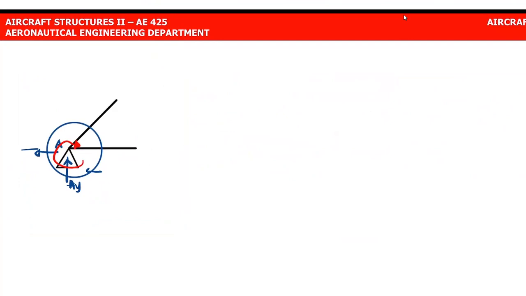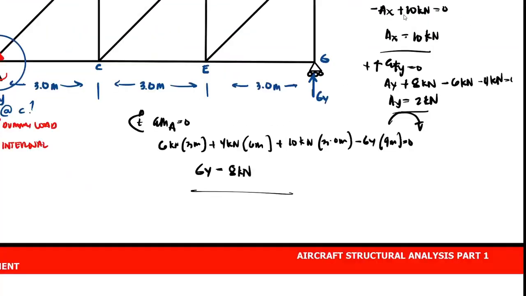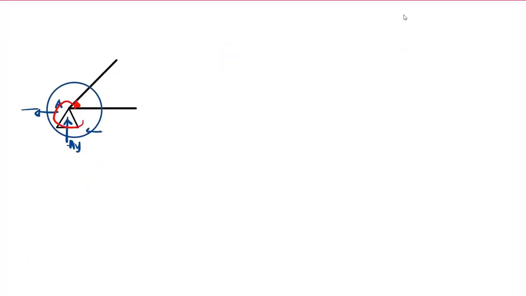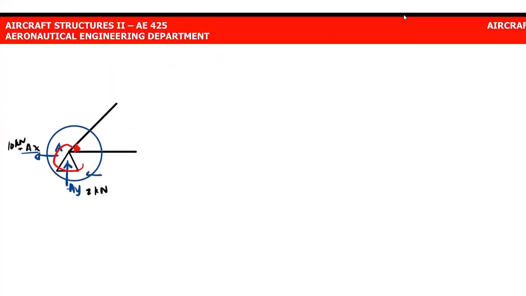So yung bali ng ating AY is 2 kilonewton. Ating AX is 10 kilonewton. Okay. So dito, meron tayong member AB or element AB. And then meron tayong element AC. So lahat yan guys, ang technique is assume nyo lahat tension muna.